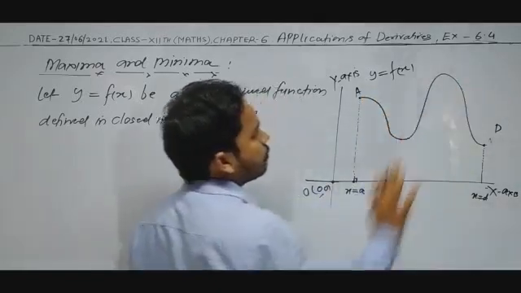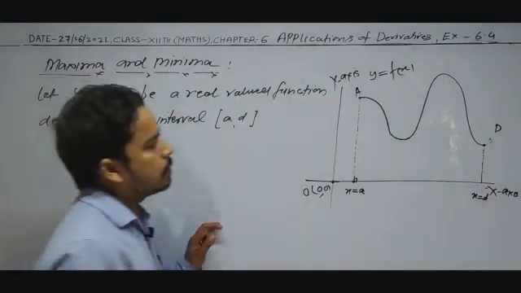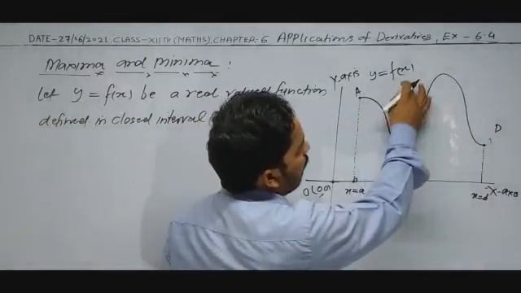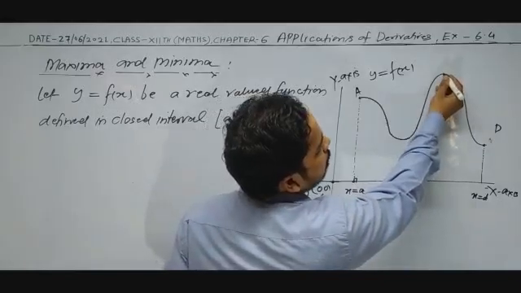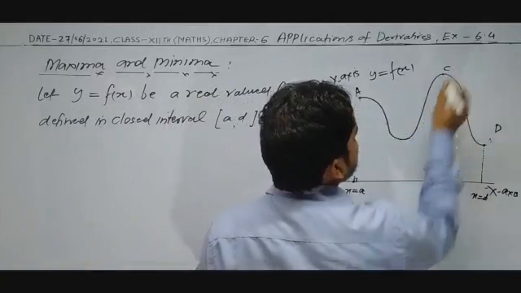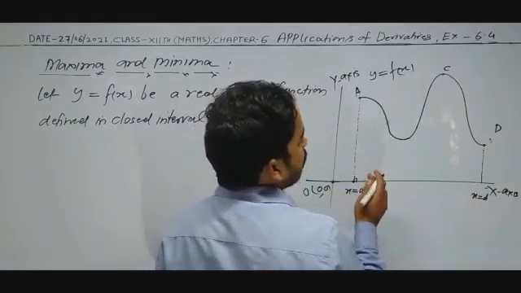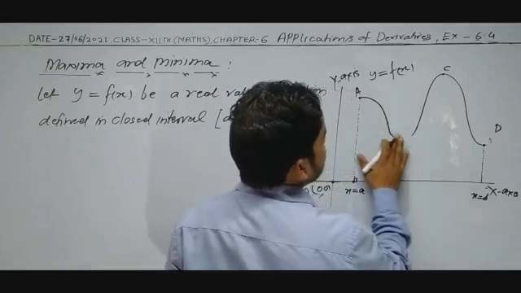So these are the points through which the graph is made up. From this graph, the function has maximum value at this point, suppose this is the point C, and the function attains the minimum value here.